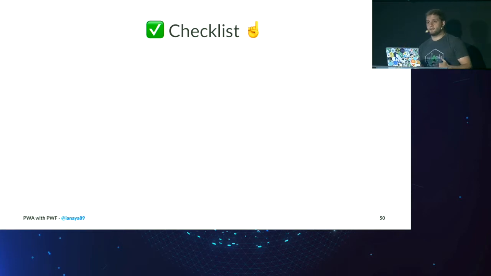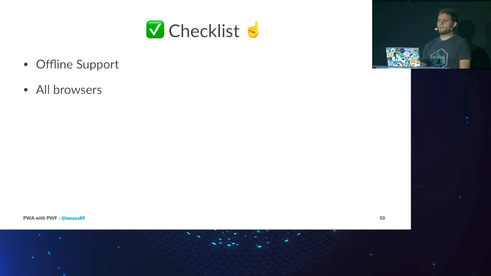Those are the ones, at least for me, with highest priority. The first one is, of course, offline support. The second one is that it should work in all browsers. We need to guarantee a user experience in all the browsers. It should work in any context, without internet, without connection, with any device.